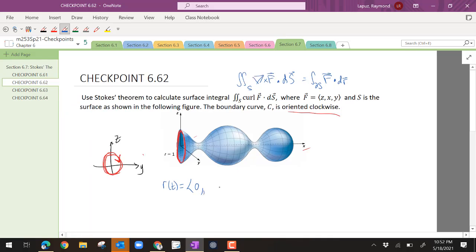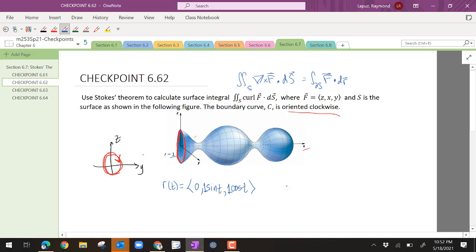Now the y and the z would have the sine and the cosine happening. If we let the y component have the sine and the z component have the cosine, so sine t and cosine t, and this has radius 1, so we can have this coefficient 1 in front.